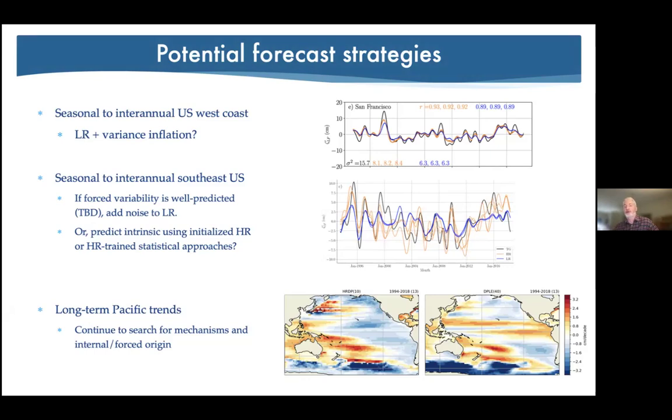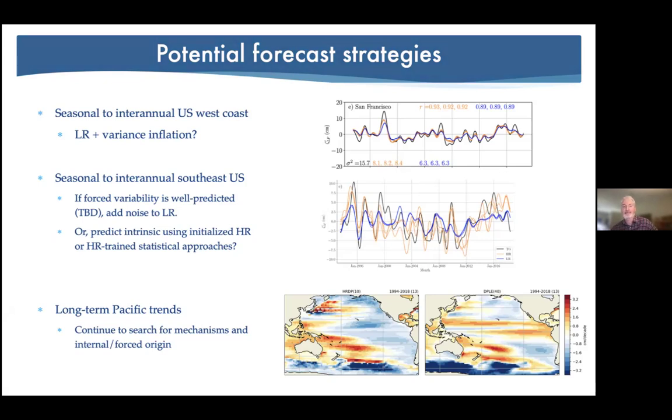So I think that the results of the current project that I'm working on will help us better understand that noise and its origin, whether it's truly noise or whether there's some way to predict that intrinsic variability. And if we do it right, we might be able to figure out a way to use those results offline in order to provide additional information or additional representation of that variability in a coarse resolution model.